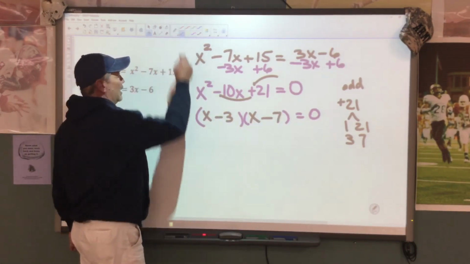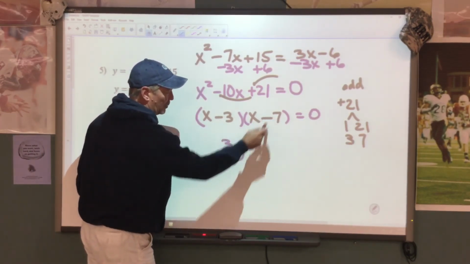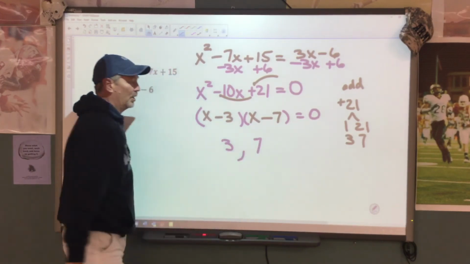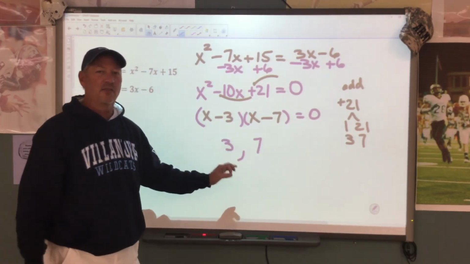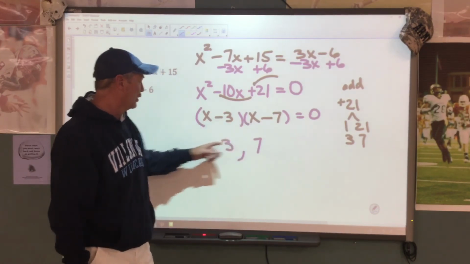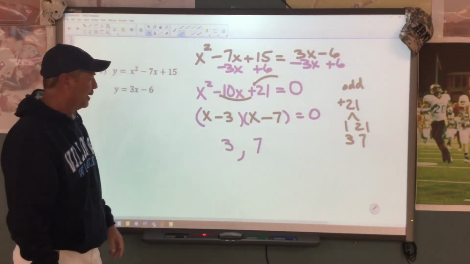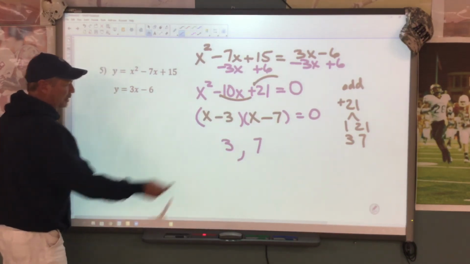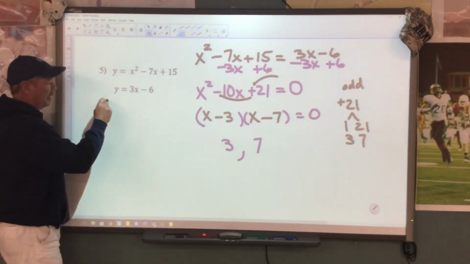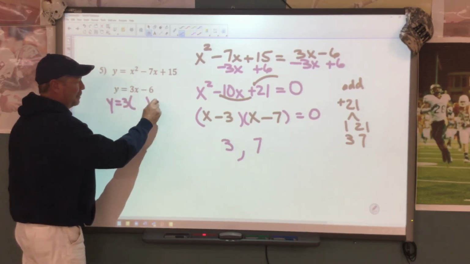Quickly, we're going to say the opposite is a positive 3. The opposite is a positive 7. Those are our x values. You have to substitute your x values in order to find its y partner in the ordered pair. So we're going to take our 3 and we're going to say that y equals 3 times somebody minus 6.